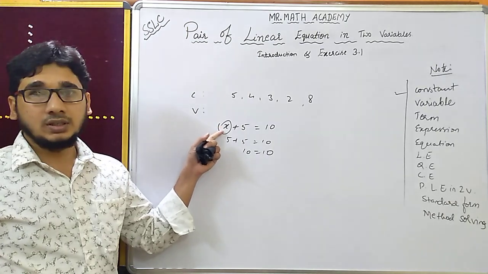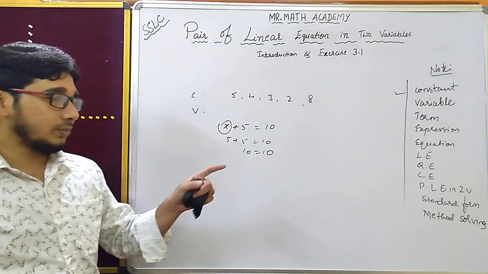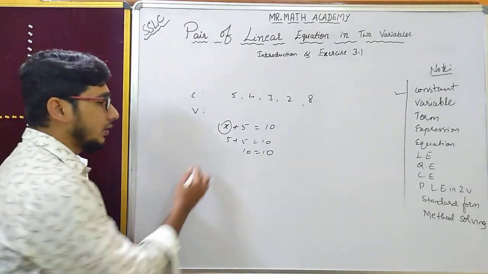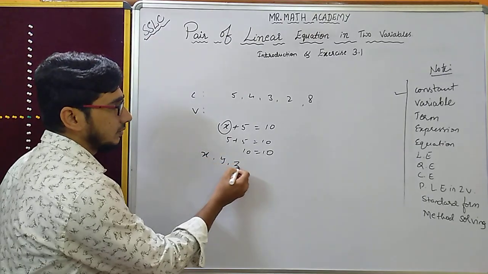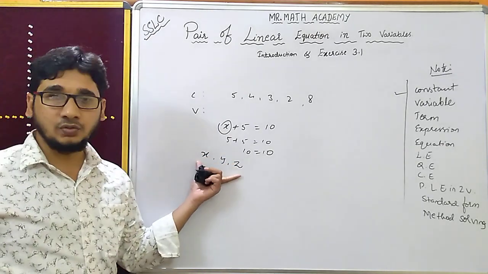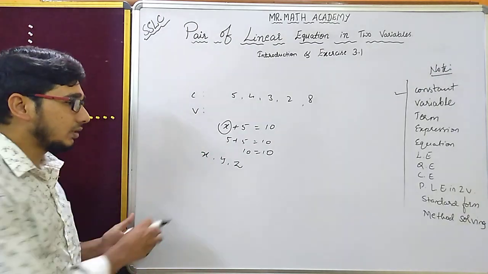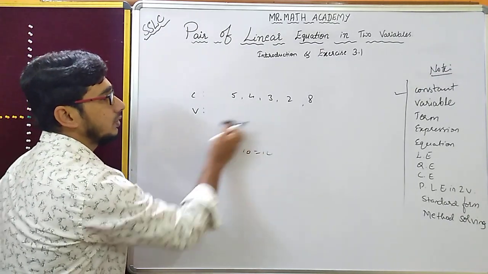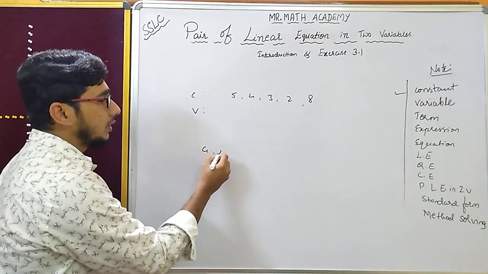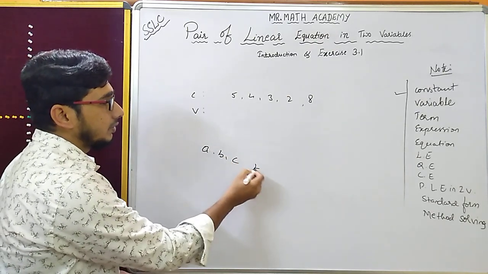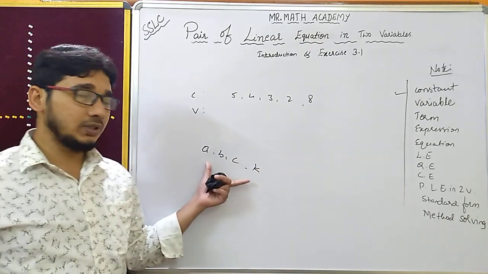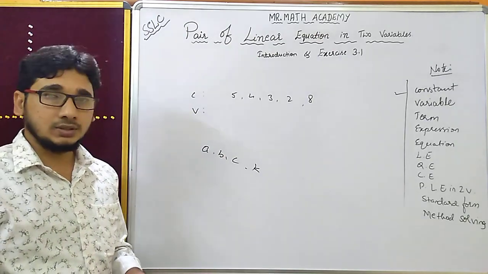That is the reason we call it a variable. Usually x, y, z, these three alphabets we call variables. Other alphabets, for example a, b, c, k, we will consider as constants.